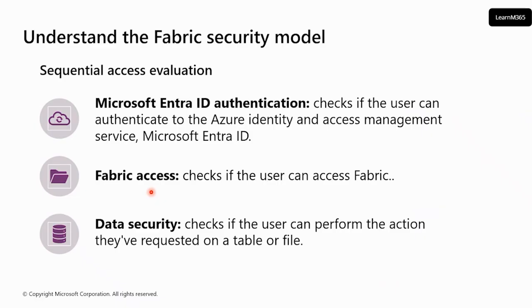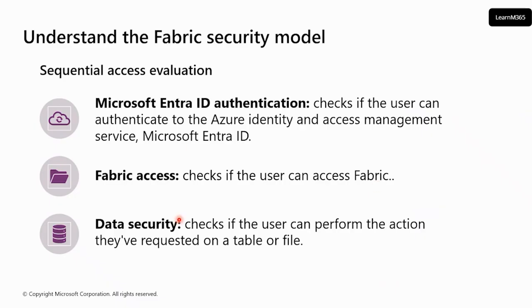Even if you are a valid user, you still need the right role or license to interact with Fabric. Just because you entered the office building doesn't mean you can access the server room. You need special clearance or permissions to do that. That is what Fabric access is.